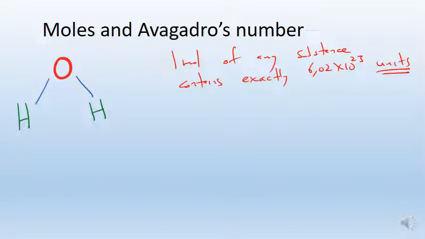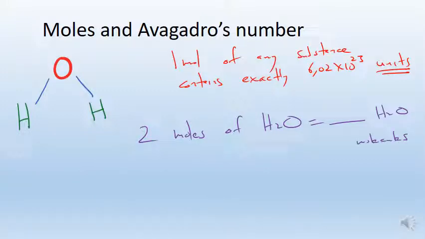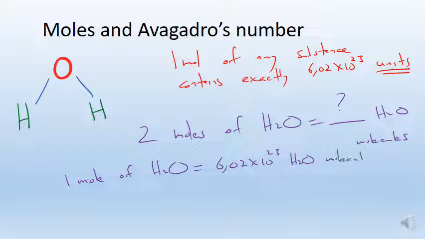Okay. So if we have 2 moles of water, how many H2O molecules? Well, here we go. 1 mole of water equals 6,02 times 10 to the power 23 water molecules, right? That's the unit we're looking at. So, no prizes for guessing, no Nobel Prize in chemistry.